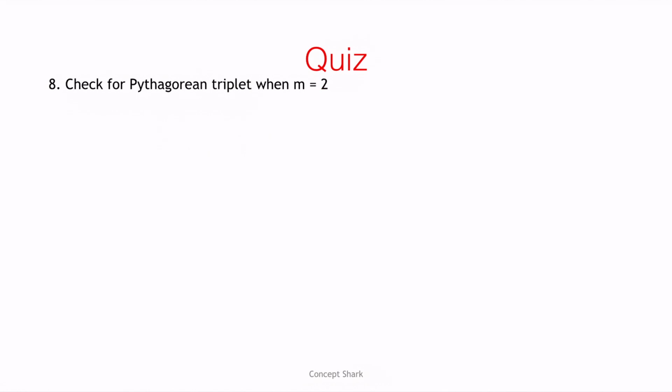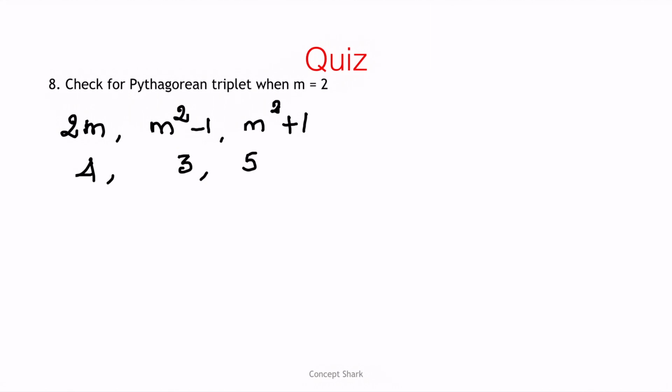When m is equal to 2, 2m, m square minus 1, m square plus 1 are going to make the Pythagorean triplet. Here 2m is equal to 4, m square minus 1 is equal to 3, m square plus 1 is equal to 5. So 4, 3, 5 is going to be the Pythagorean triplet.